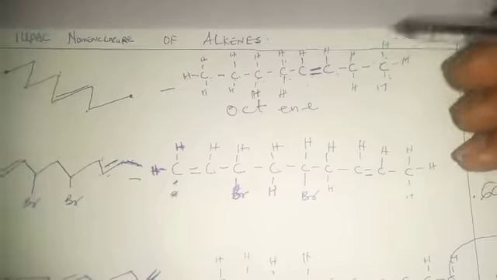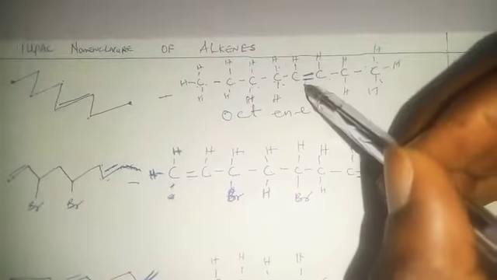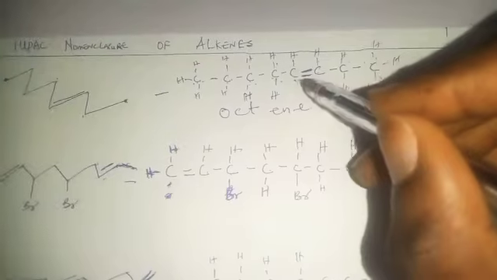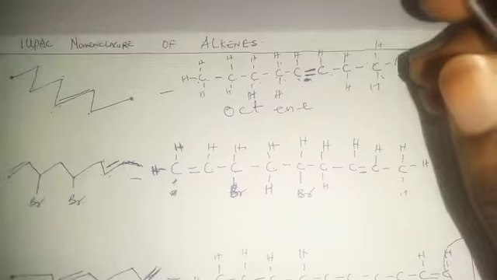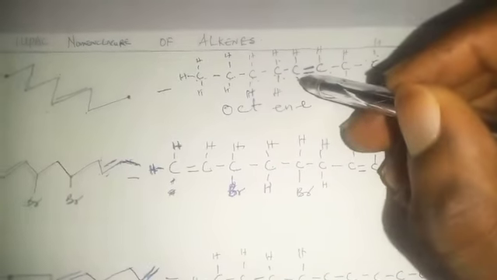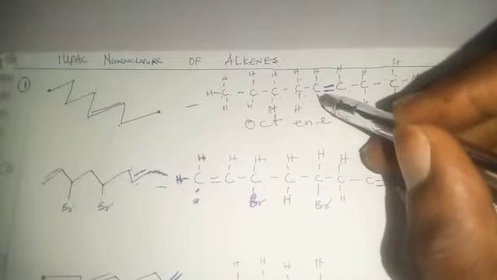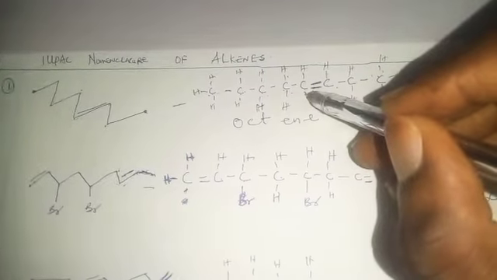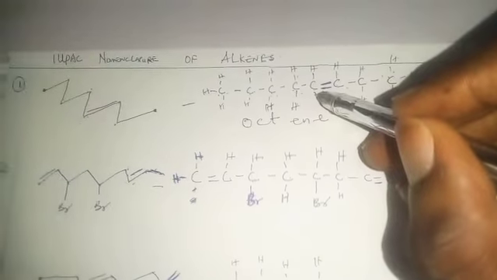You can count from here as 1, or you can count from here as 1, but counting from here will be wrong, because the carbon bearing the double bond is going to have a larger number. If you've been following my videos, I told you that when you want to count, you count from the side that will give the substituent or the functional group the smallest possible number.